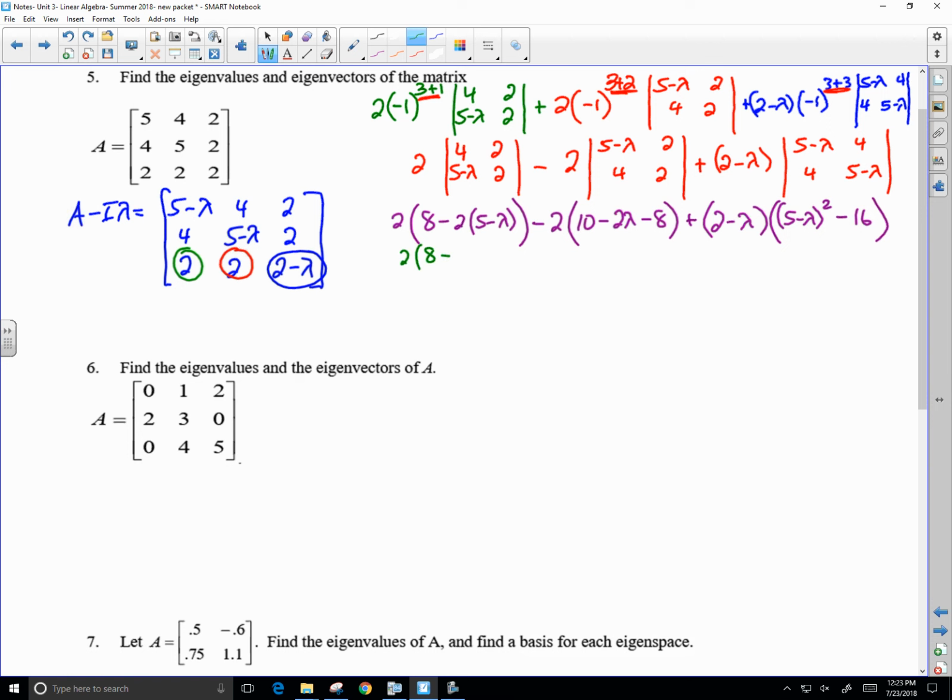So we got 8 minus 10 plus 2 lambda minus 2 times 2 minus 2 lambda, which I guess I can clean up on the fly a little bit. Let's make this a, yeah, so this is going to be a -2, right?